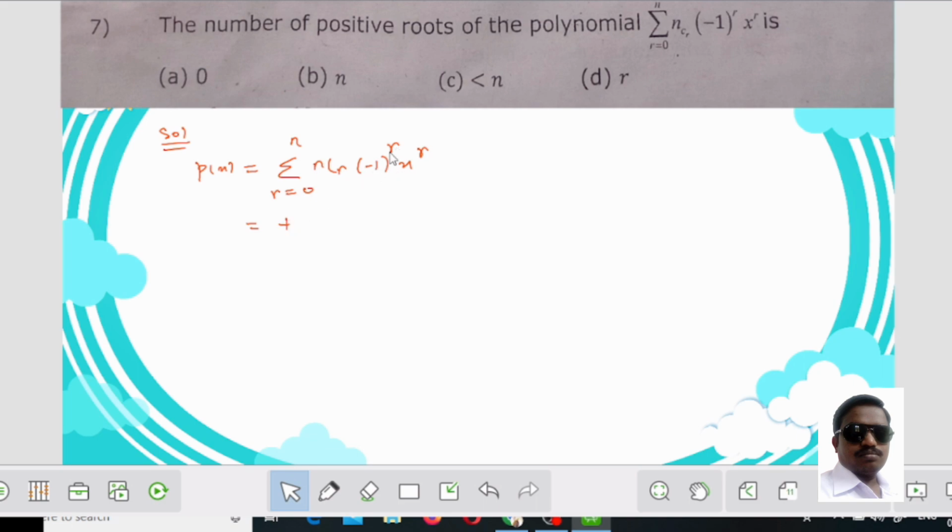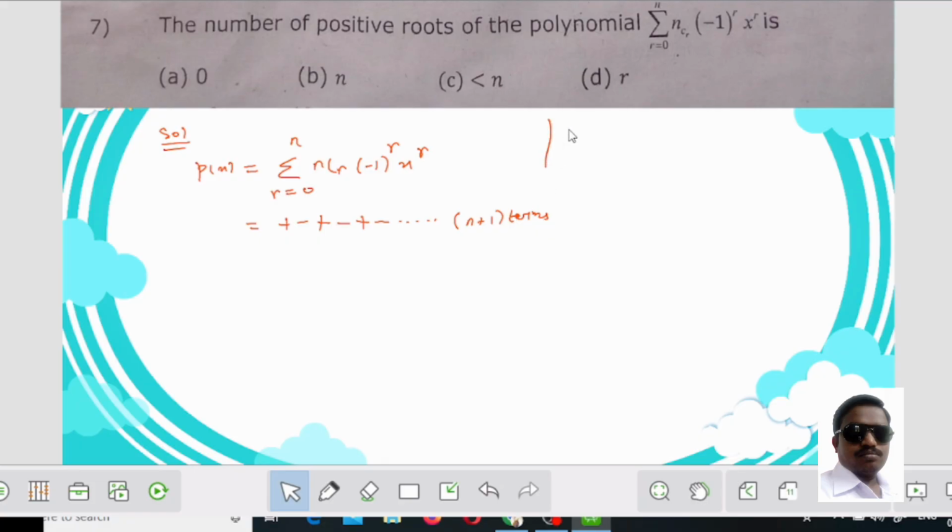When r equal to 1, minus 1 power 1, the second term will be minus. When r equal to 2, minus 1 square, the third term will be plus. When r equal to 3, minus 1 power 3 will become minus 1, so the fourth term will be minus. Similarly, the expression will be of the form plus minus like this continuously up to n plus 1 terms.